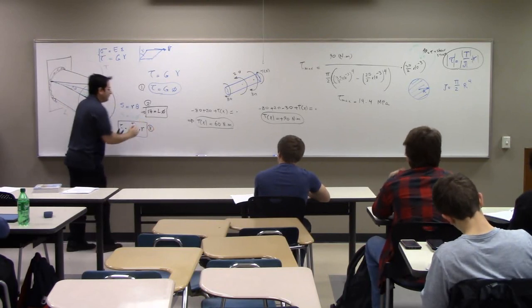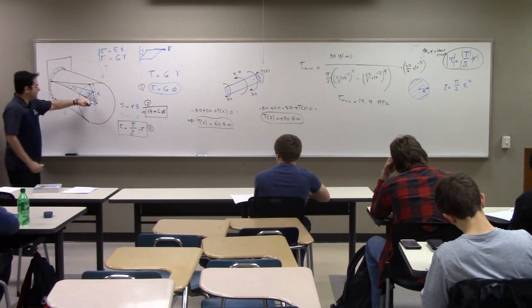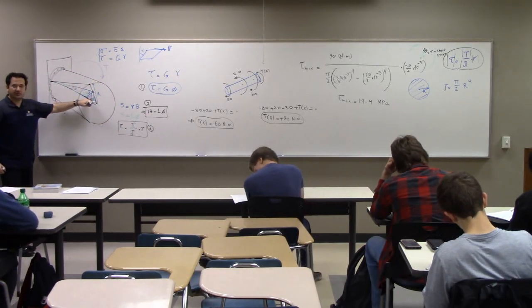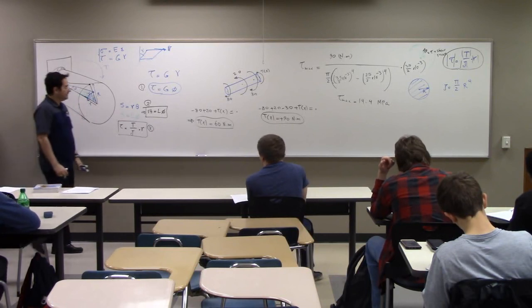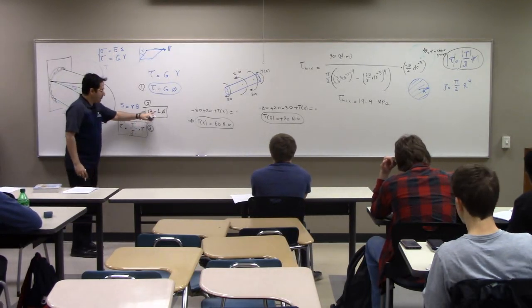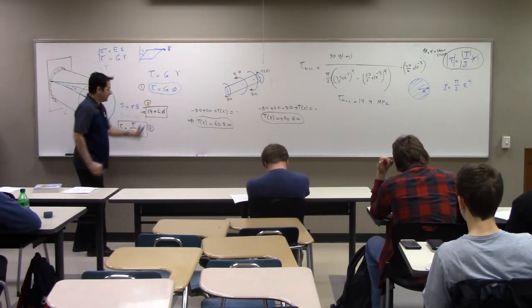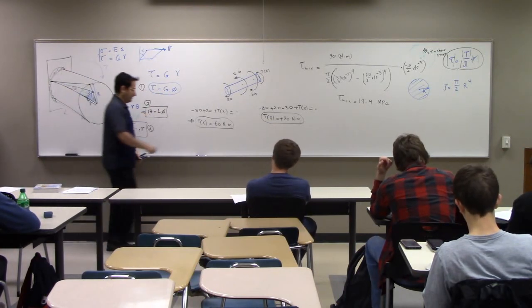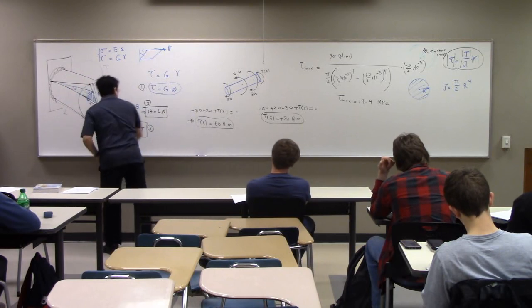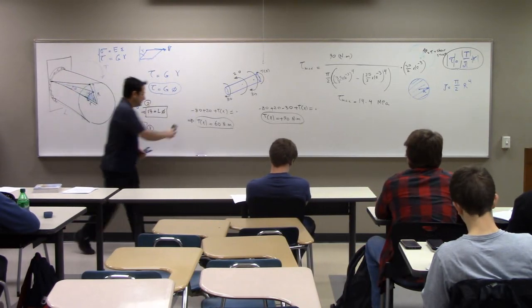I want to solve for what? Theta, because I want to find the angle of twist. What should I do? Well, all you need to do is solve the three equations for theta, right? So at first I substitute 2 into 1.